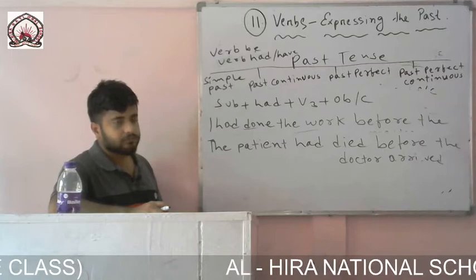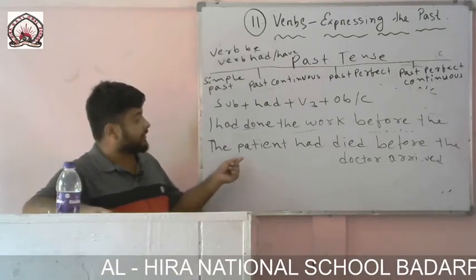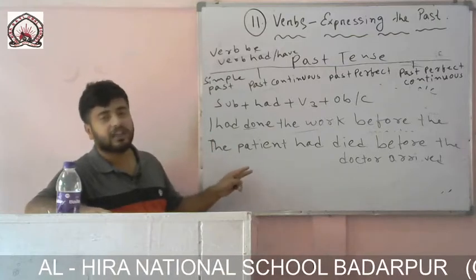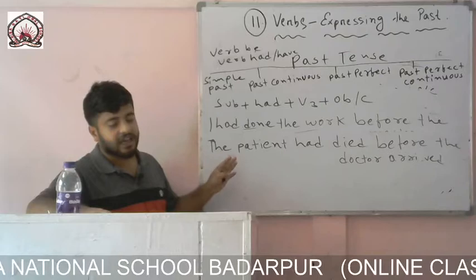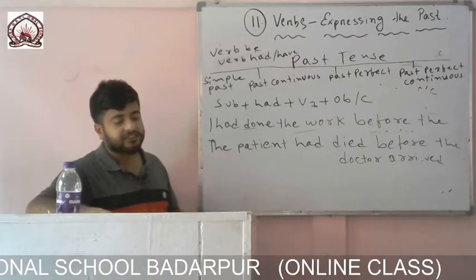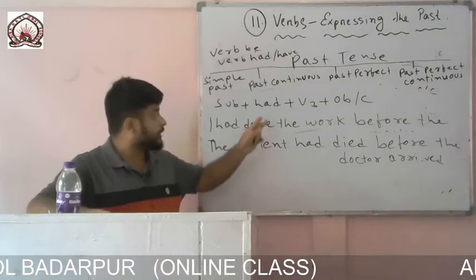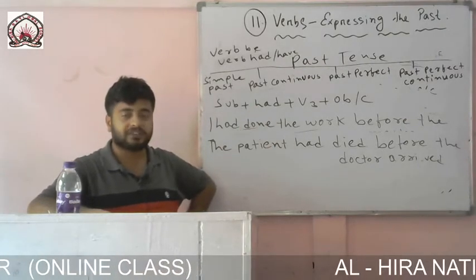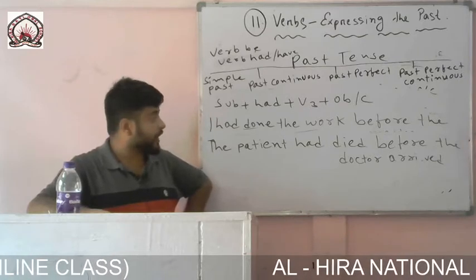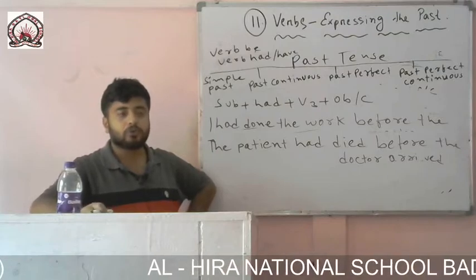Now, for example, the patient had died. Two past actions are there in the sentence. As I said earlier, we are not to use past perfect for only one past action.